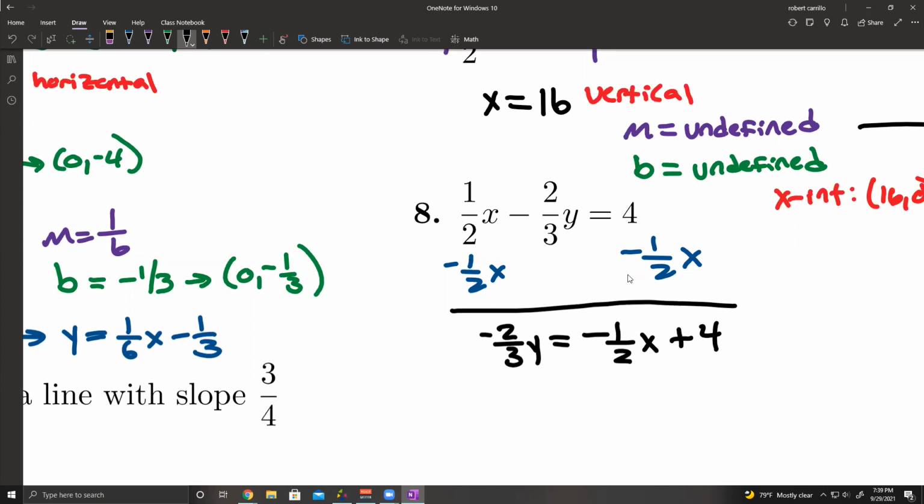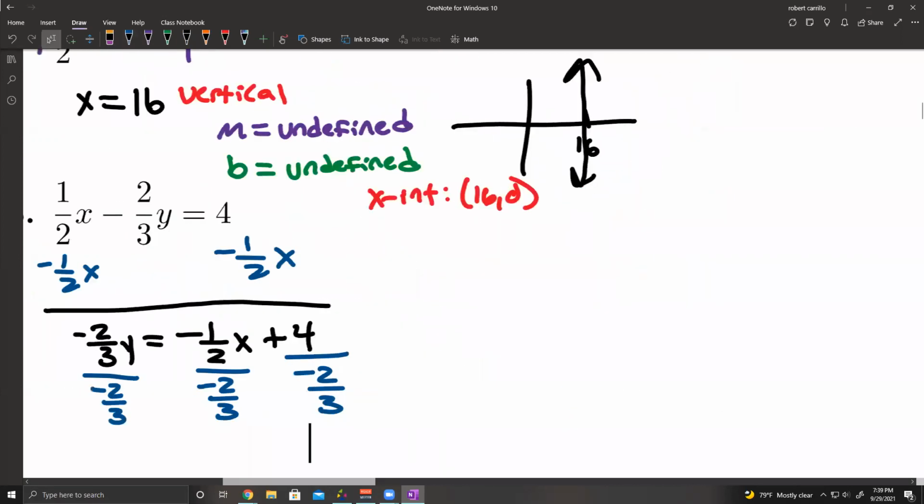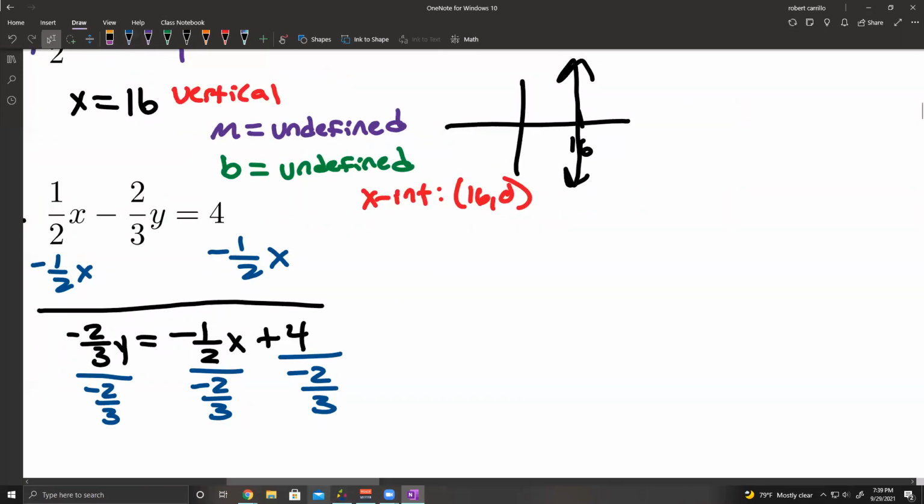Okay. And then we'll divide everything by what? -2/3. -2/3. Eek. Lovely, lovely. Okay, cool. So let's handle the first fraction work.